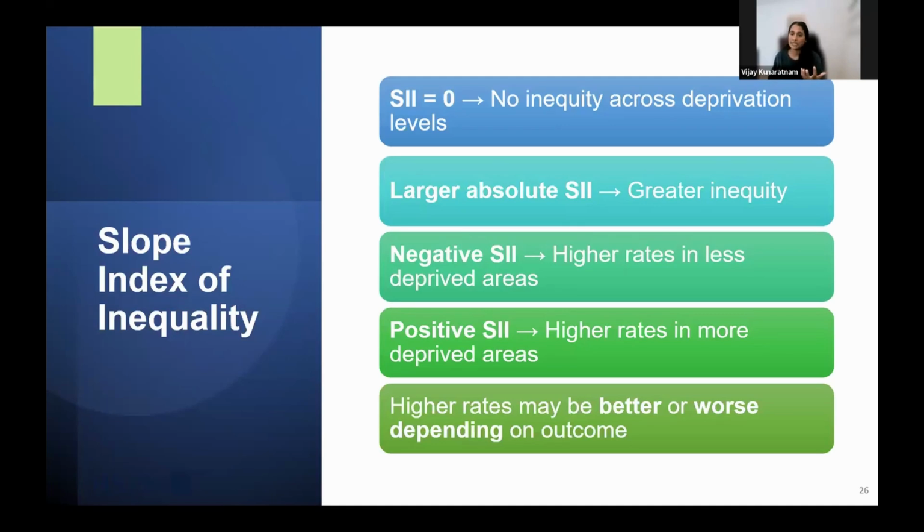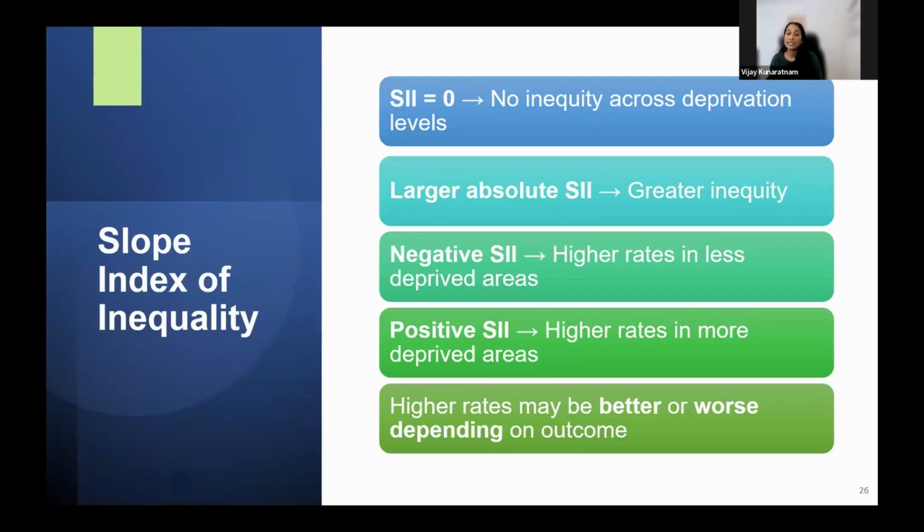We don't want higher rates of hospitalizations. Depending on how the equity stratifier is ranked, the interpretation of the directionality changes. So if higher means more resources, so deprivation was ranked from most deprived to least deprived, then a positive SII is pro-equity, which means more hospitalizations are actually happening in less deprived areas.